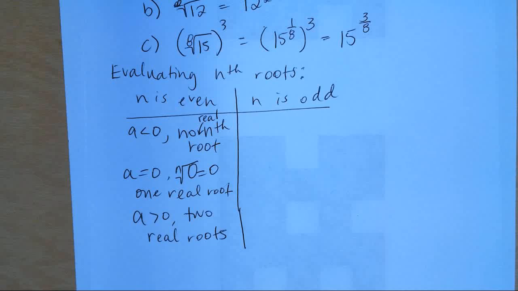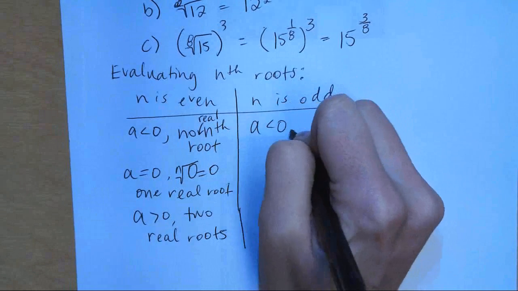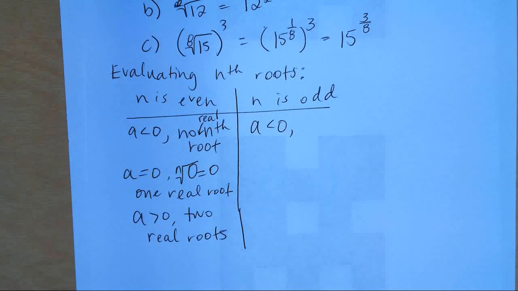Now, if n is odd and a is less than 0, let's think about the cubed root of -8. What is the cubed root of -8? -2.